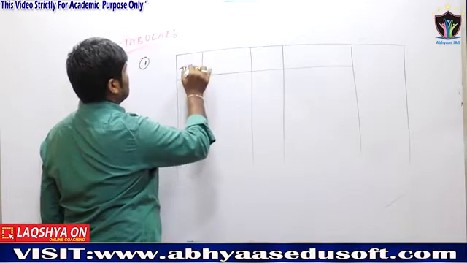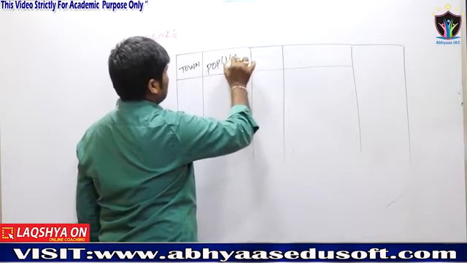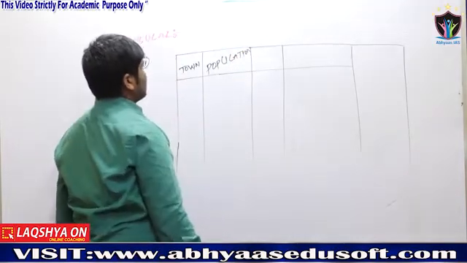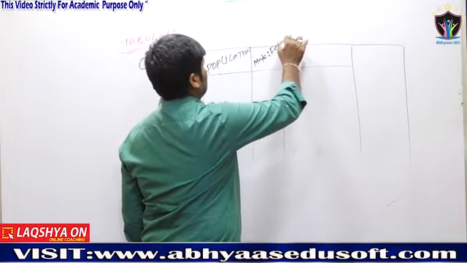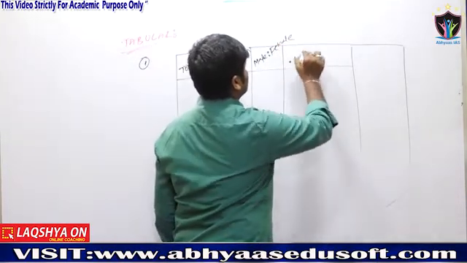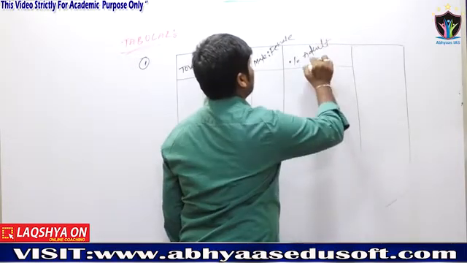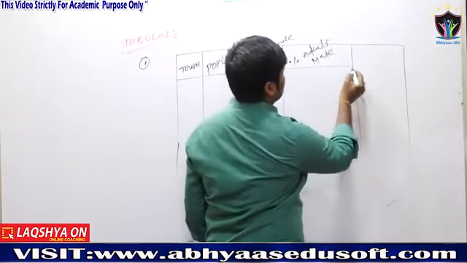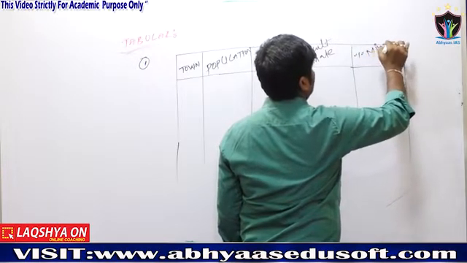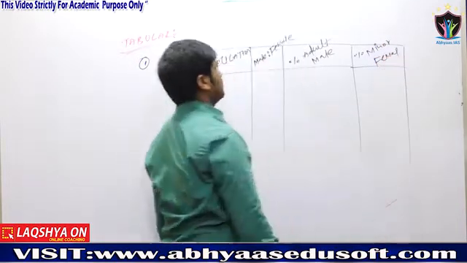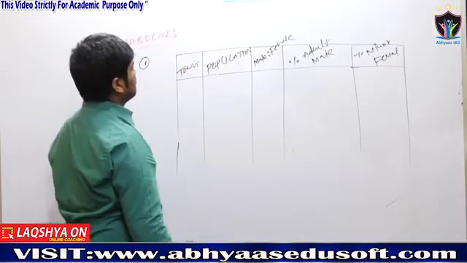Here the table has: town, population, male to female ratio, percentage of adult male, percentage of minor female, population.